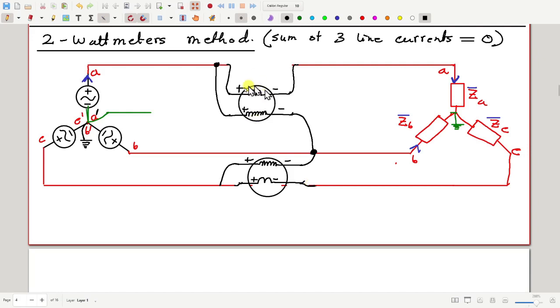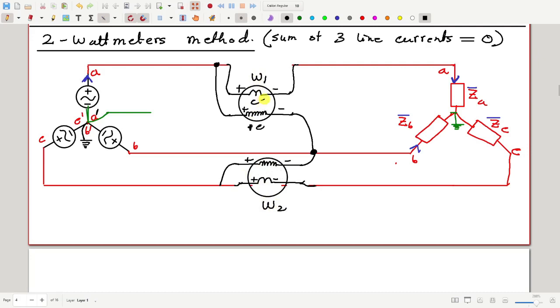Here this wattmeter is chosen to measure current of line A. So I have put the pressure coil of this wattmeter between line A and the unused line, that is line B. Similarly, this wattmeter, call it W2 and W1.